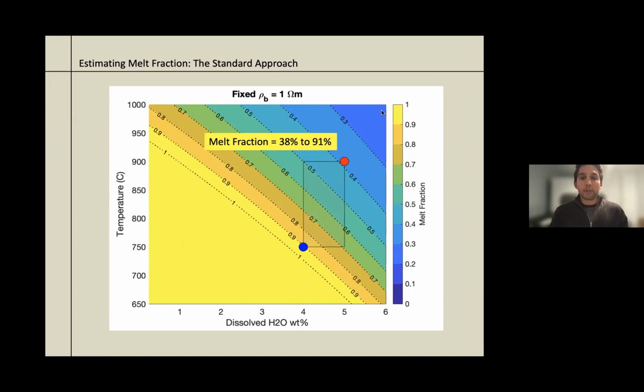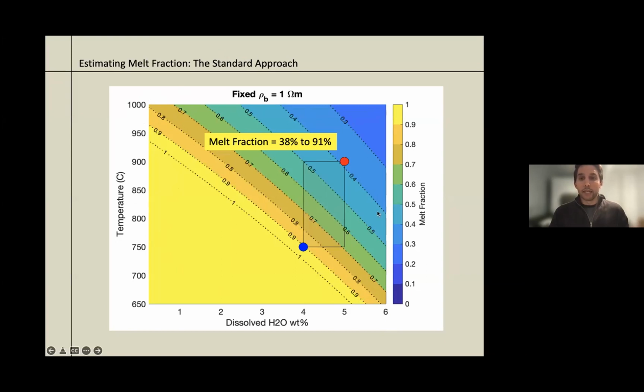But the way of looking at it here shows how certain parts of this parameter space are clearly wrong. I mean, even me as a geophysicist who doesn't really have much understanding of the melting of rocks, I know intuitively that at 1,000 degrees and 5 or 6 weight percent water, a rhyolite will be probably 100% melt.